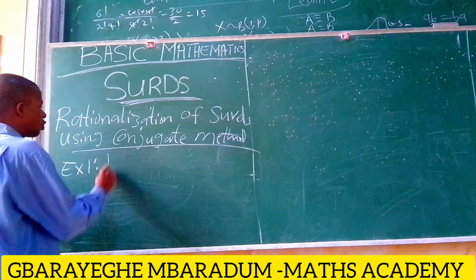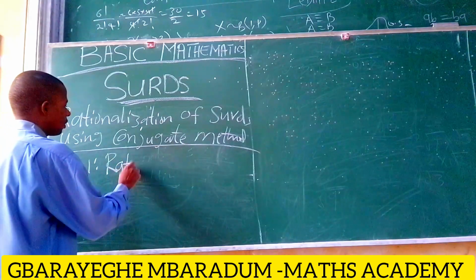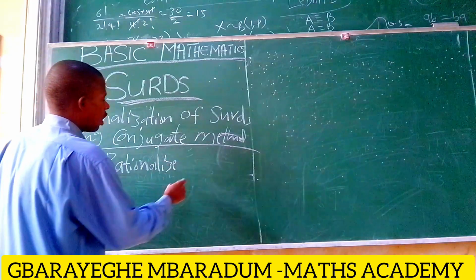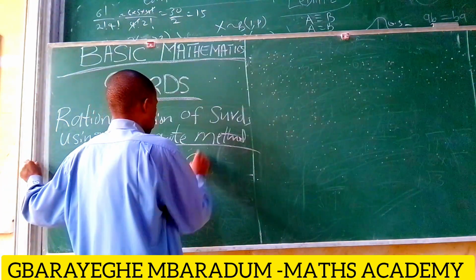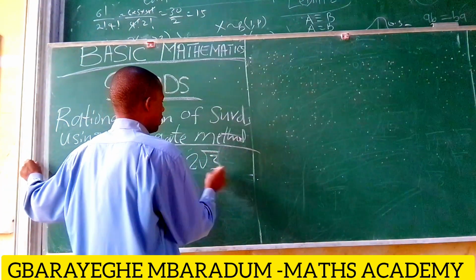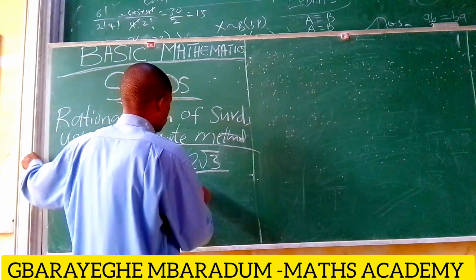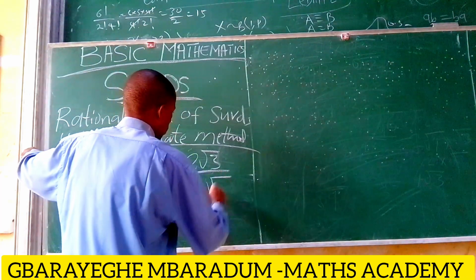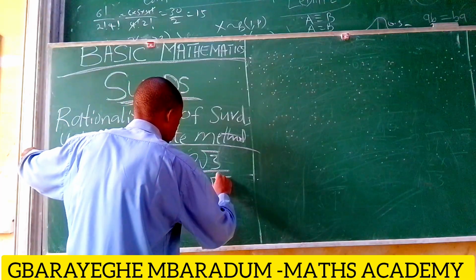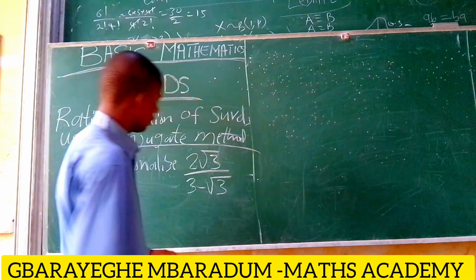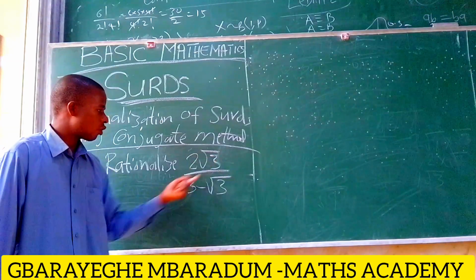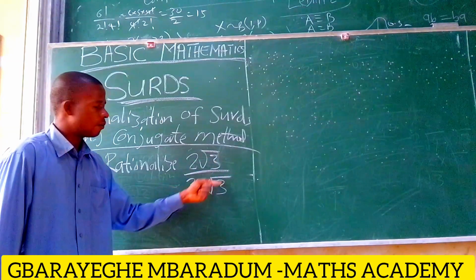Example 1. They said we should rationalize the surd 2 root 3 all over 3 minus root 3.